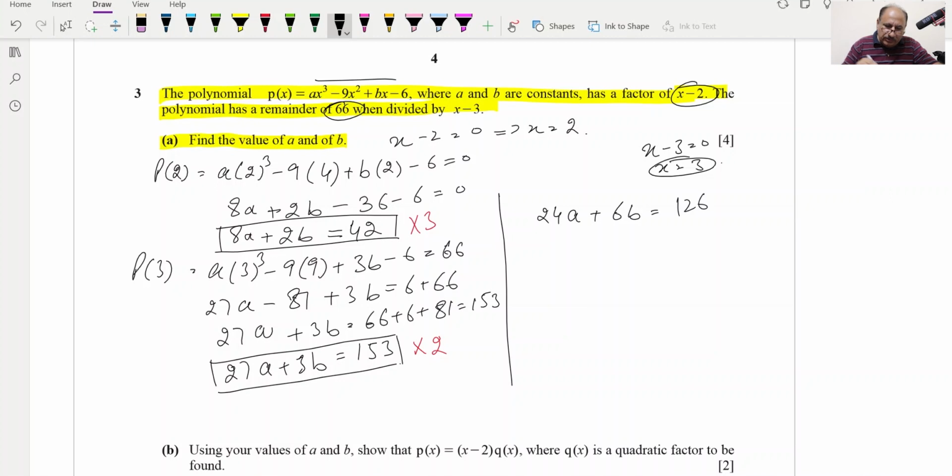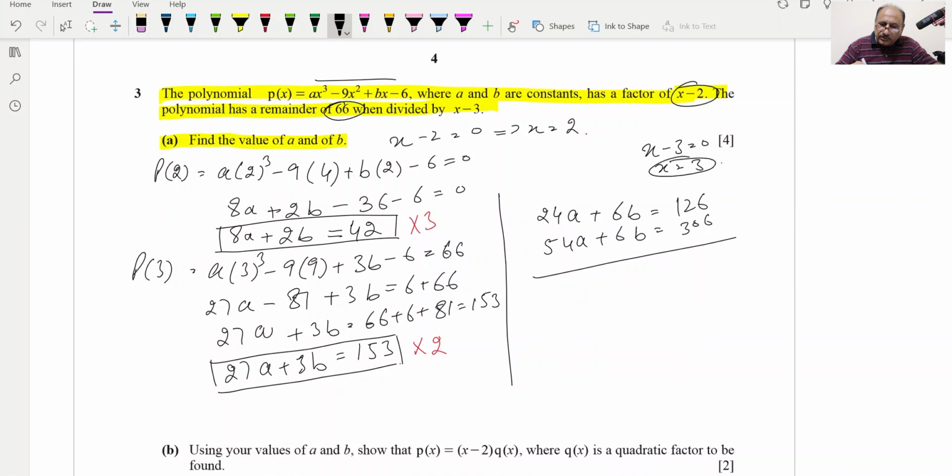And similarly, when this lower equation is multiplied by 2, it will be 54a plus 6b is equal to 153 multiplied by 2, which is 306, so we can write 306.